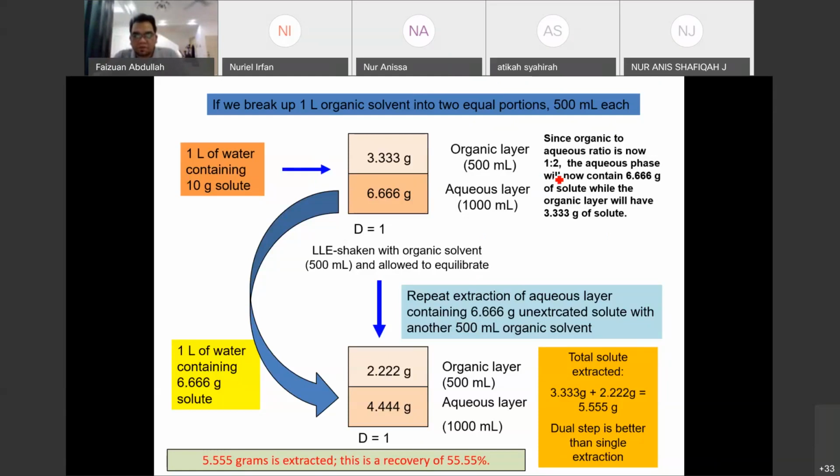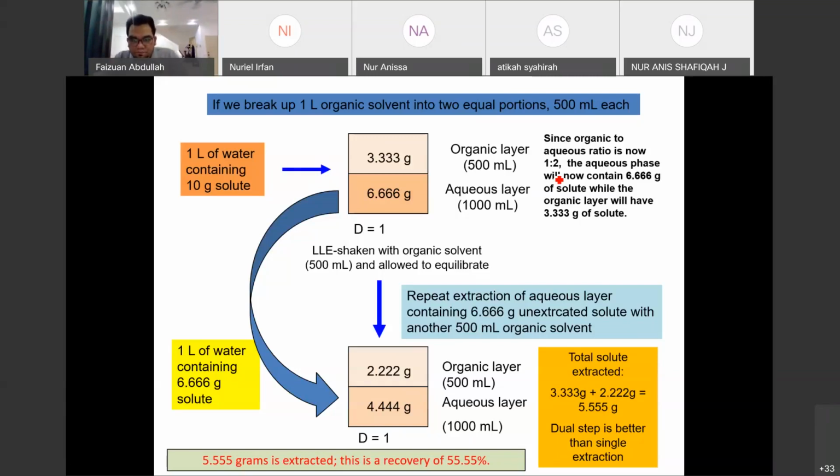Since organic to aqueous ratio is now 1 to 2, the aqueous phase will now contain, because the ratio, you see the ratio, we have 1 liter of aqueous layer and 500 ml of organic solvent, so the ratio is now not 1 to 1, but 1 to 2.